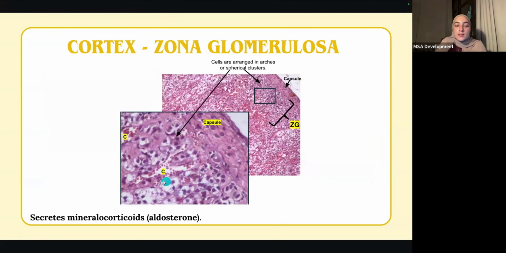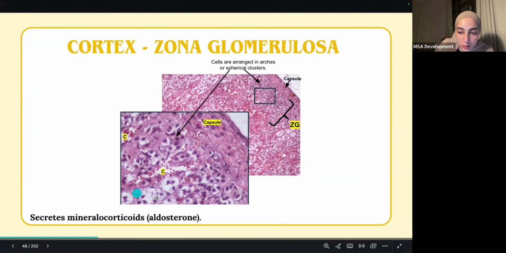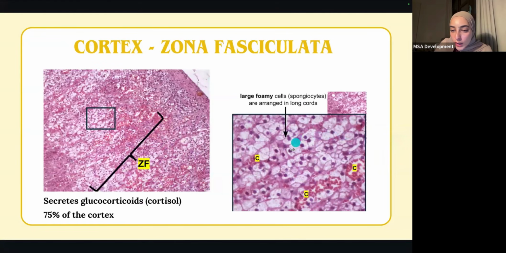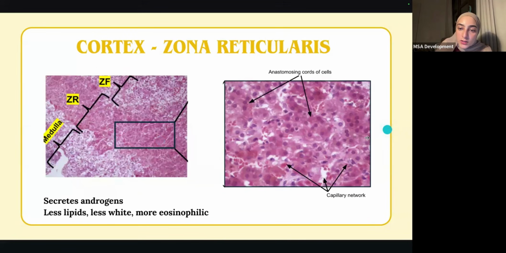Compare the glomerulosa, spherical clusters, each a bunch of cells, with the fasciculata, white and foamy, like cake in layers, and very long. For the reticularis there is nothing very specific, just know it by the color. And yeah, these are the three layers.